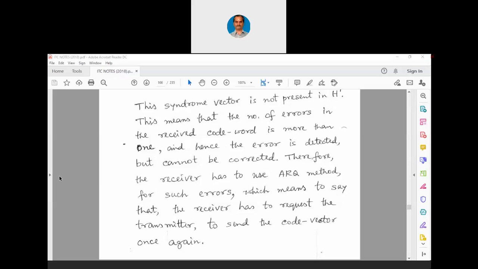Until then, there will be a slight delay there. But to some extent, this delay can be tolerated because the ARQ method is being utilized only for those errors which the receiver is unable to correct. And that probability also will be lesser.